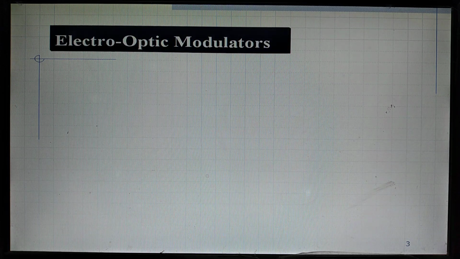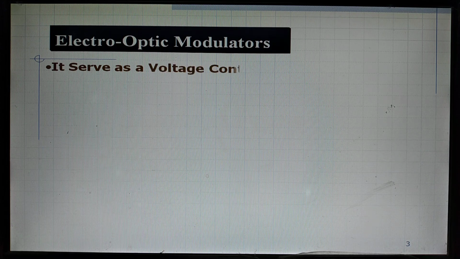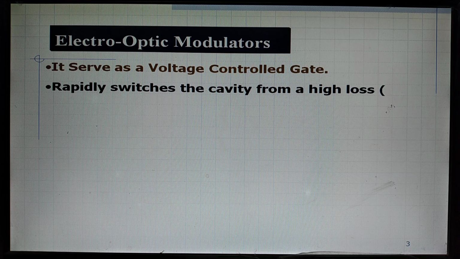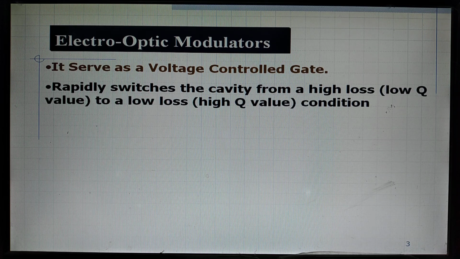Now I am going to discuss the working principle of electro-optic modulators or electro-optic shutter. An electro-optic shutter can serve as a voltage control gate, which rapidly switches the cavity from a low Q value to a high Q value.